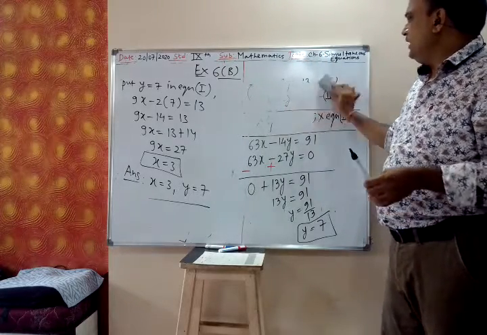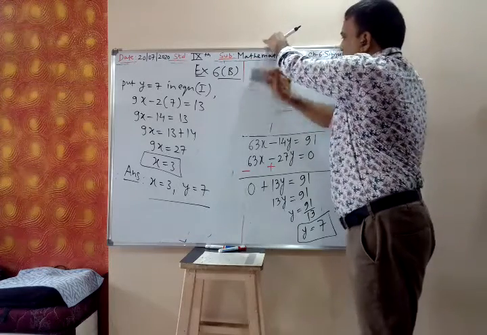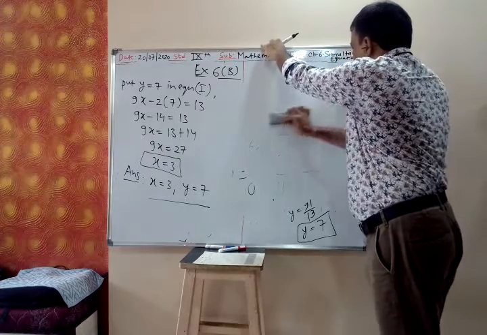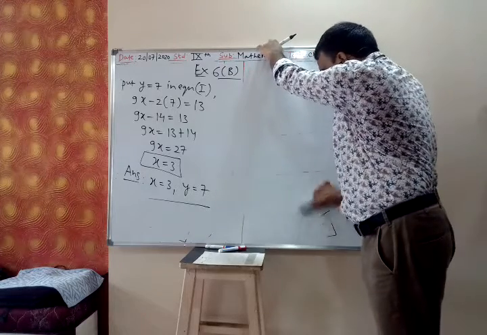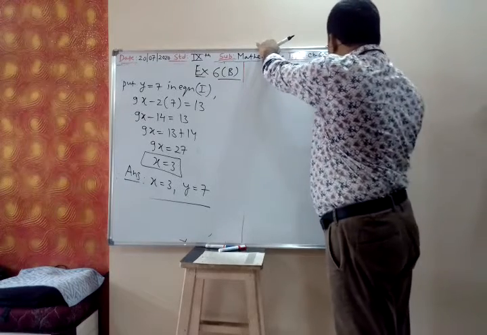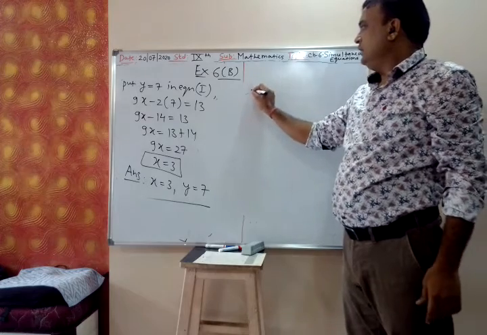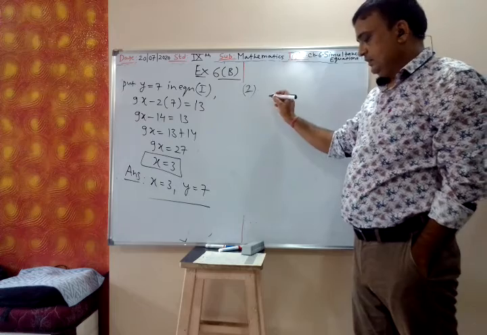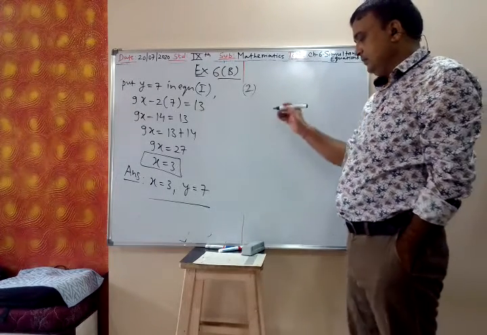Equating coefficient means either you make the x coefficient equal or you make the y coefficient equal and simplify that. 3 to 4 marks, and definitely by one of the methods, one question will definitely come.